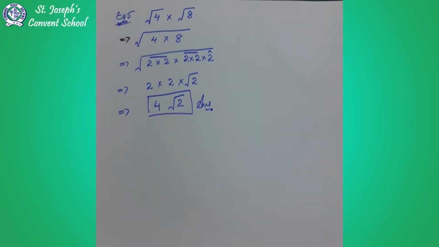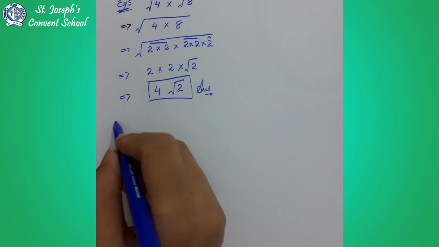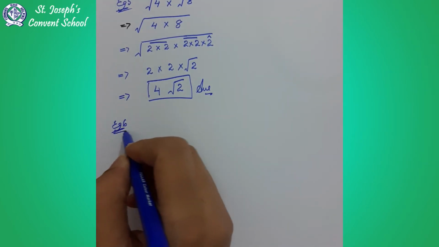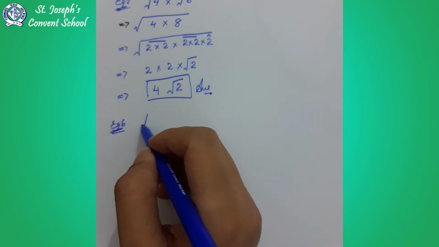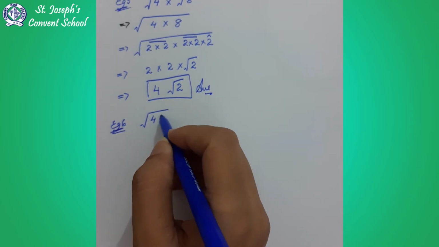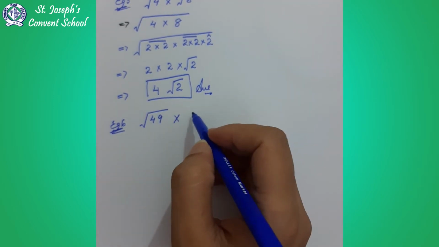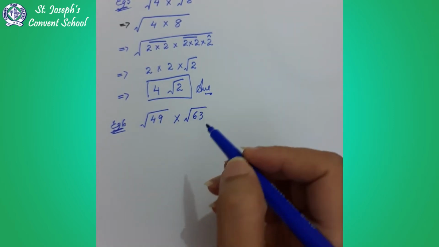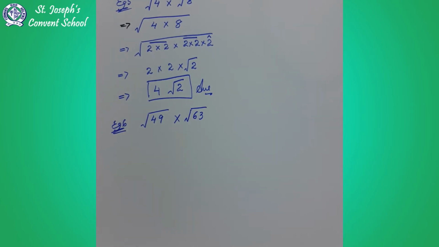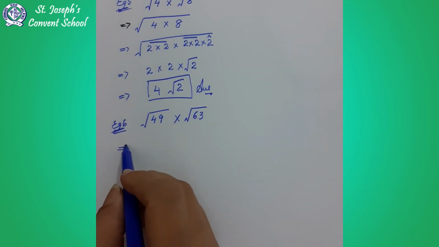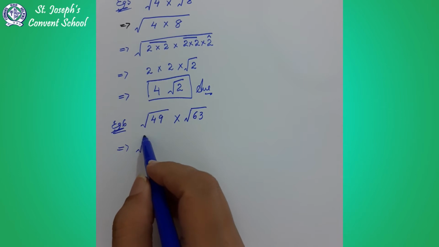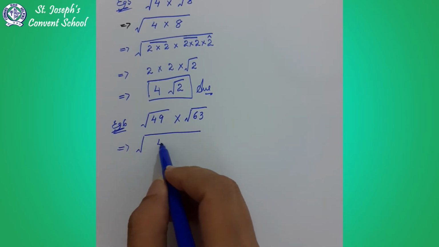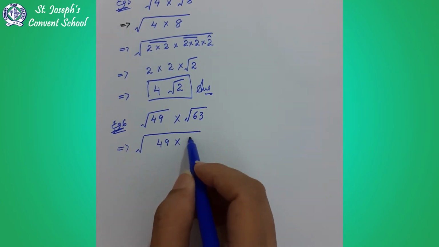Next example. Suppose root 49 into root 63. Now both are in the root sign and you have to find the factors. Write both of them in one root sign. 49 into 63.